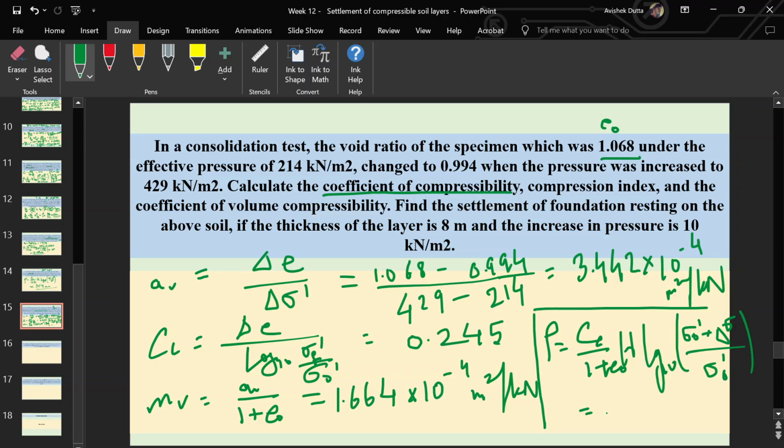I didn't do it. Yes, please do it now. H is 8 into Cc 0.245 divided by 1 plus 1.068. I am getting 18.8 millimeter.